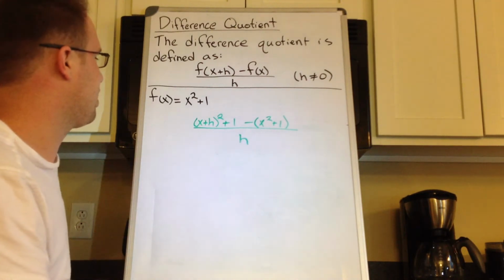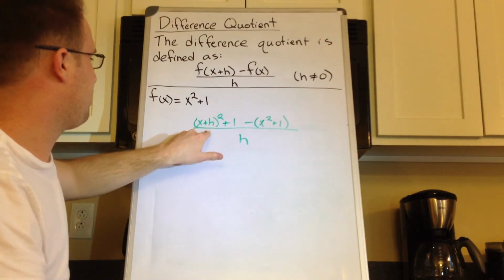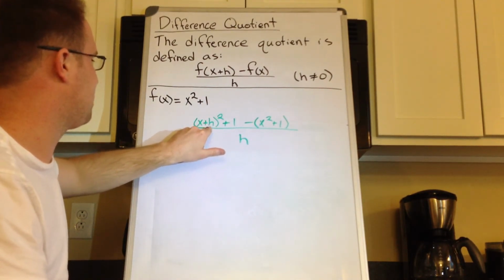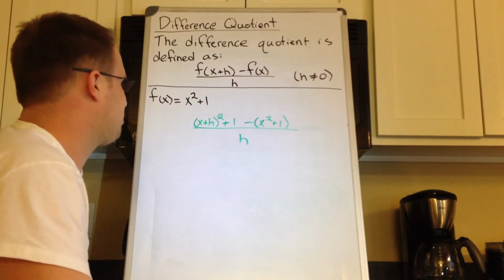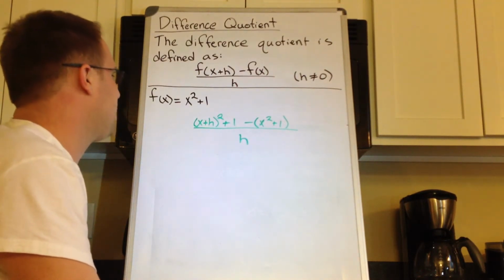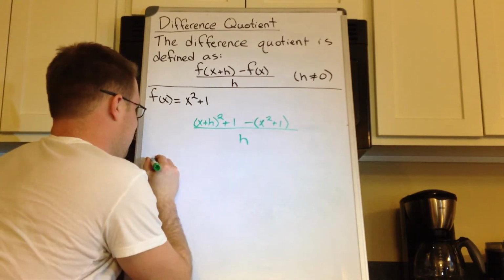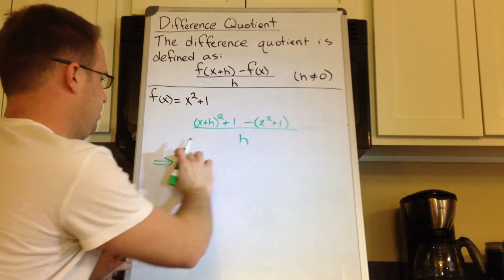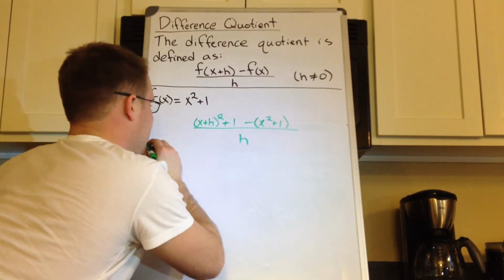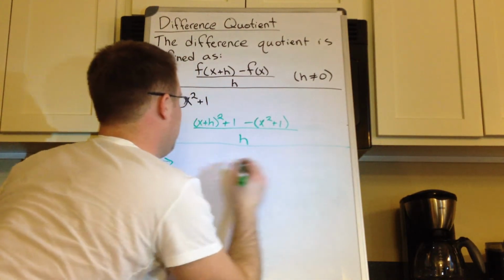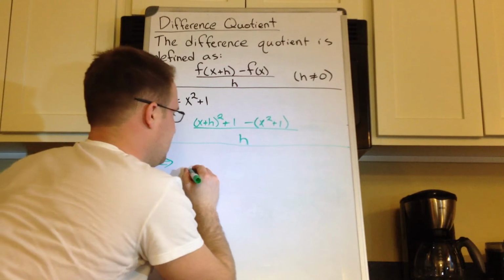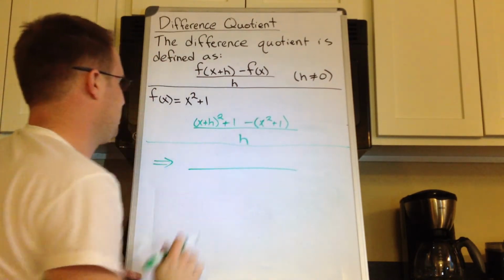The first thing we're going to do is square x plus h in here. So that's x plus h times x plus h. So really what we're going to end up doing is foiling it. This is going to be our next fraction down here. Let me separate them. And this will be the fraction bar for what we simplify here.